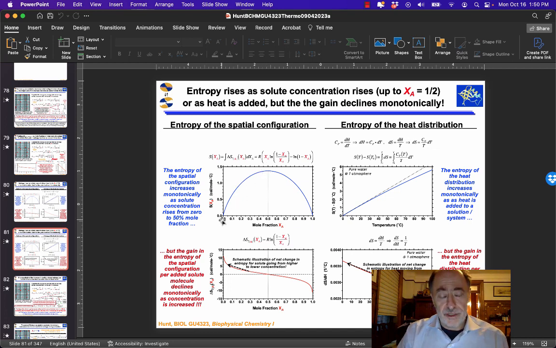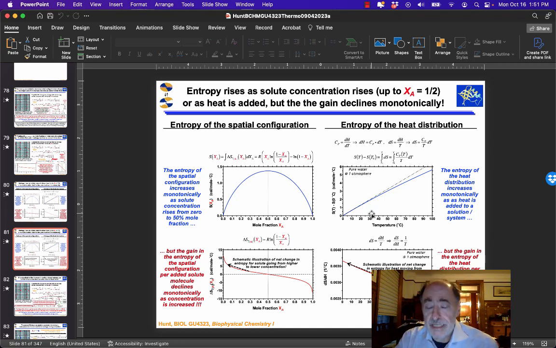And so the entropy of the spatial configuration continues to increase until it's a 50-50 mixture. But the gain in the entropy, which is the slope of this absolute entropy curve, although remaining positive up to the 50-50 point, the magnitude of the gain of the entropy perpetually declines as you get up to the 50-50 point.